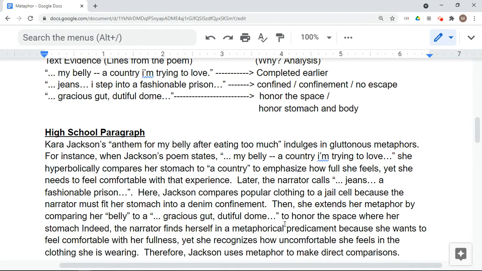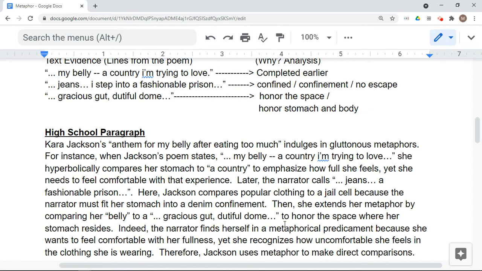Ooh, I like that. To honor the space where her stomach resides. Okay.